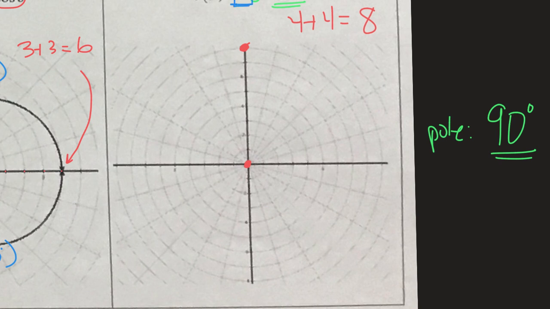If the 90 degree is our symmetry pole, it's going to cross the x-axis. 1, 2, 3, 4 to the right, and 1, 2, 3, 4 to the left. And that's based upon your A, right? The number not in front of your trig, but in front of the plus or minus sign. So those are the points that we are looking for. There's 4, 0 degrees, and this is 4, 180 degrees.